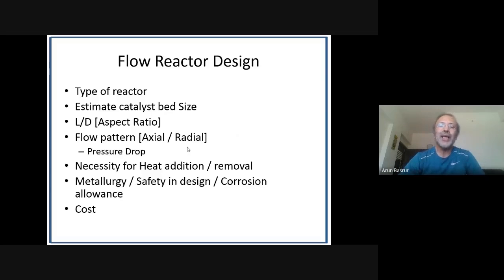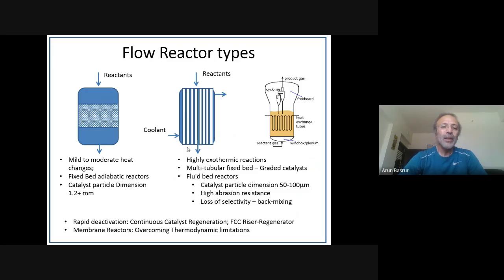Now, coming to different types of flow reactors. When you have mild to moderate heat changes in the reaction, one can afford to use a fixed bed adiabatic reactor. Here you have a fixed bed of catalyst where the particle dimensions could be about 1.2 mm plus.